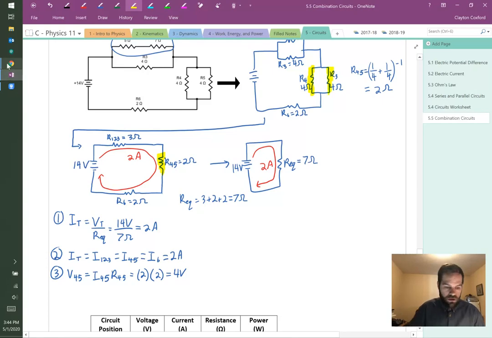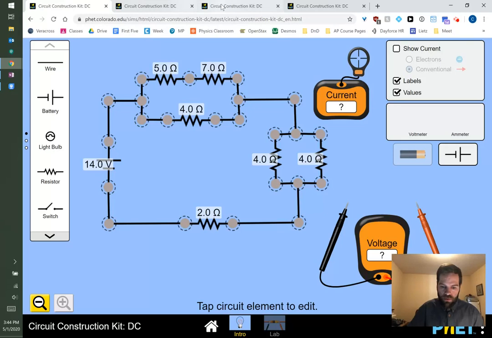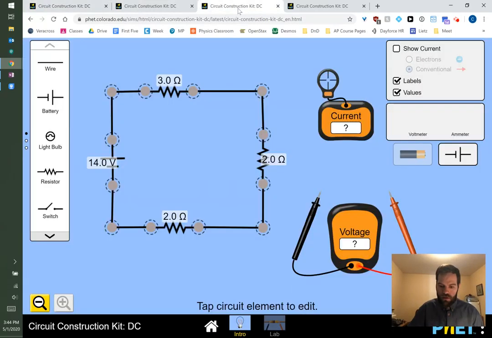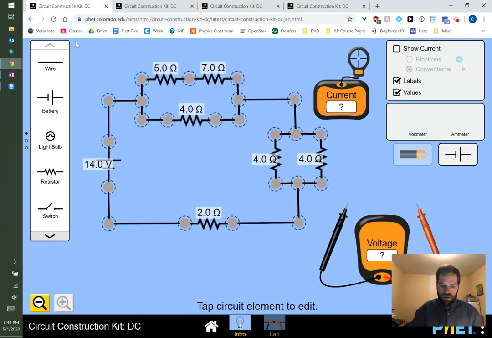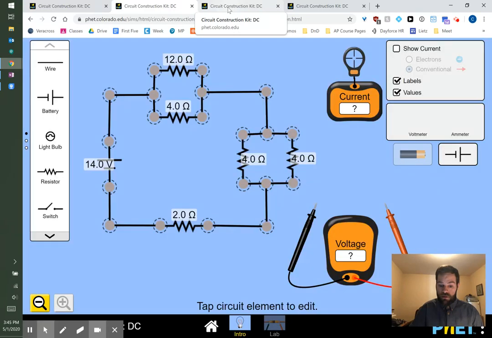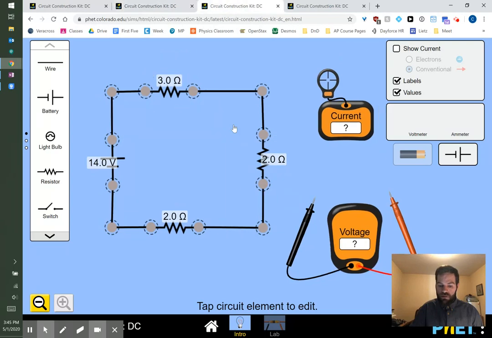I'll show you the circuit really quickly. So here is this equivalent circuit. So there was the circuit that we started with, 5 ohms, 7 ohms, 4 ohms, 4 ohms in parallel with each other, the 2 ohms down here. We broke it down to 12 ohms up here from the 5 and the 7, and then reduced these to 3 ohms, 2 ohms, 2 ohms.